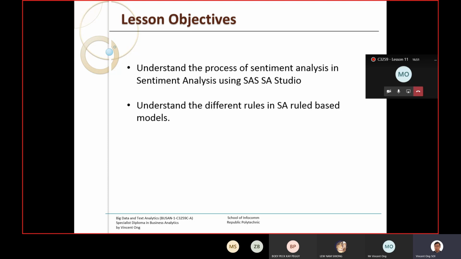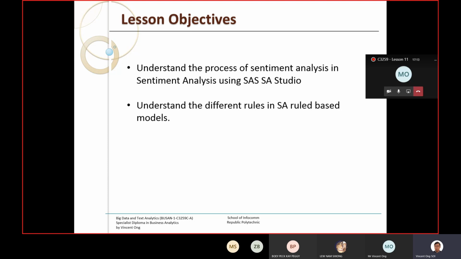Sometimes we just want to get a rough idea of whether that pool of feedback we receive is actually positive or negative. This is just a very high-level kind of feedback that we want.